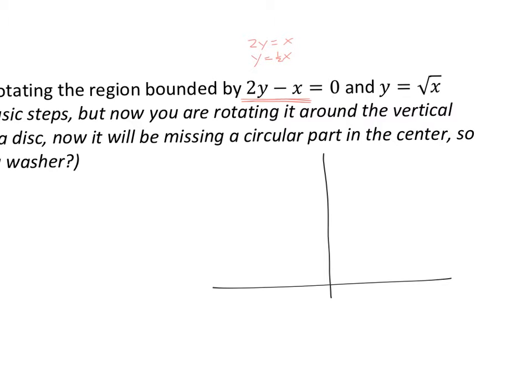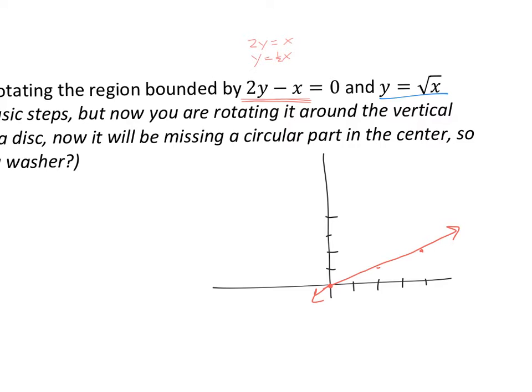Okay, y equals 1/2 x. Well, that just means it's going up 1/2. So it's going to start at 0, and it's going to go up 1/2, and up 1/2 again. Okay, so there's the first one. This one is the square root of x.